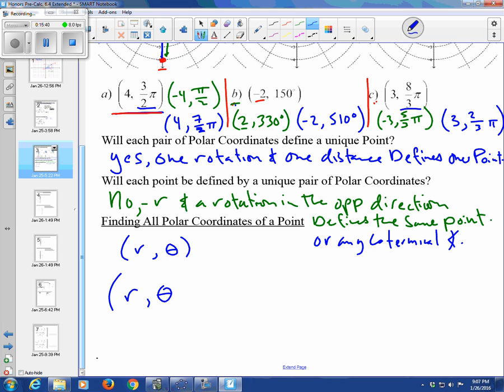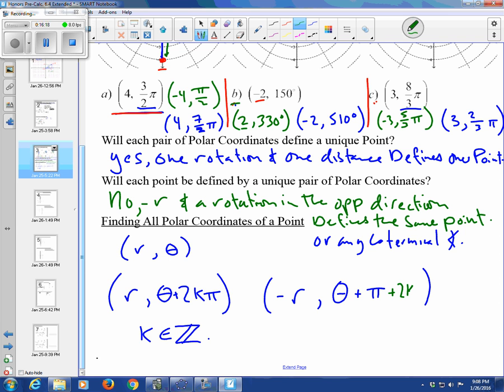We know coterminal angles differ by increments of 2 pi, so we could say theta plus 2k pi, where k is an element of the integers, would give us a coterminal angle, and that would give us, of course, the same point. Similarly, if we had a negative r, we could say a rotation that takes us in the opposite direction, so a rotation plus pi, or plus 180 degrees, would take us in the opposite direction, or any coterminal angle to this. So right here we could say plus again 2k pi.